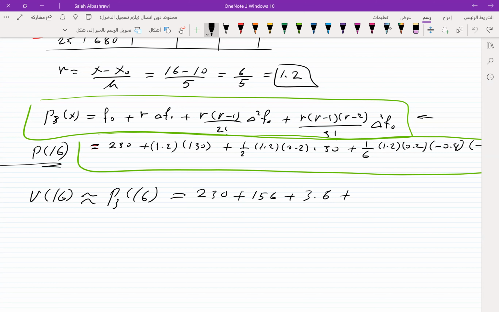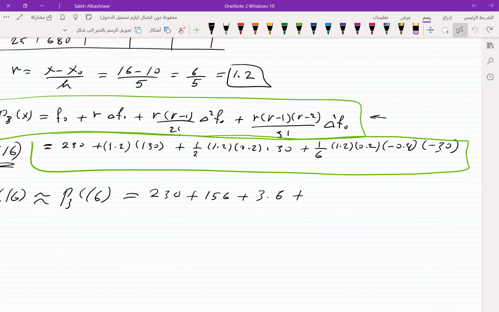Plus 1.2 multiplied by 0.2 multiplied by 0.8 times 30, that is 24 divided by 6, equal to 0.96. Plus 3.6 plus 156 plus 230. So this is equal to 390.56.